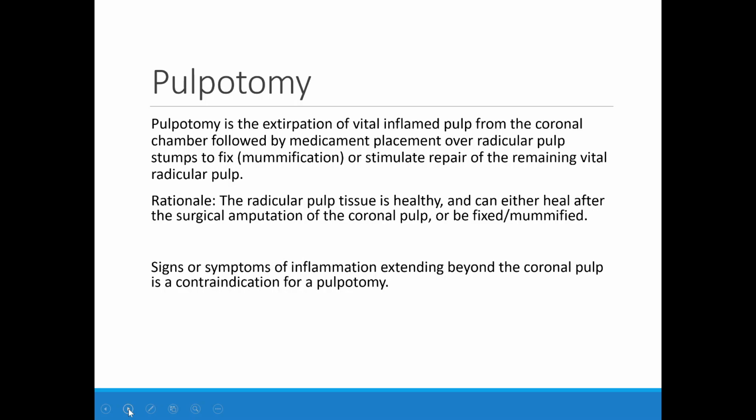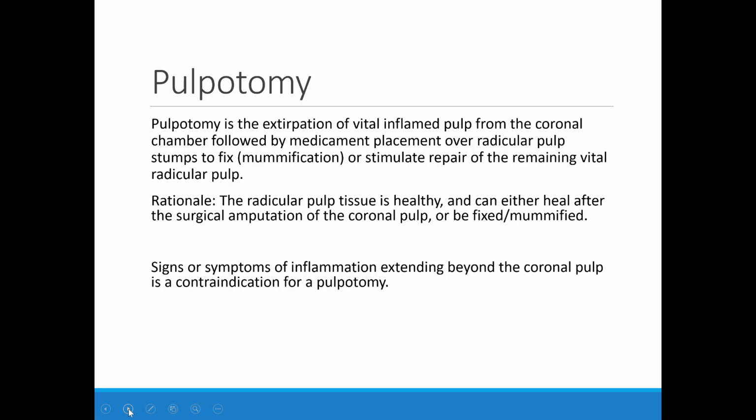Pulpotomy. Pulpotomy is the most prevalent procedure when we speak about treatment of pulpitis in primary teeth. This is a method that entails the extirpation of vital inflamed pulp from the coronal chamber, followed by medicament placement over the radicular pulp stumps to fix, mummify or stimulate repair of the remaining vital radicular pulp.